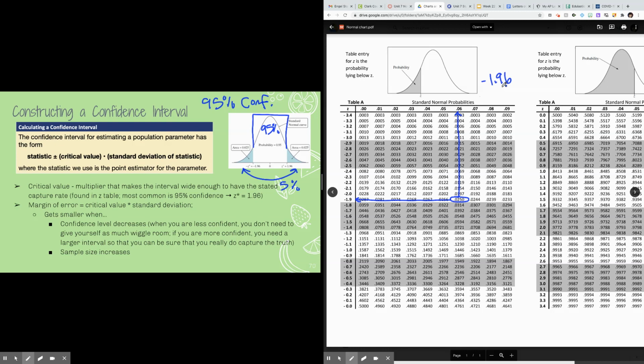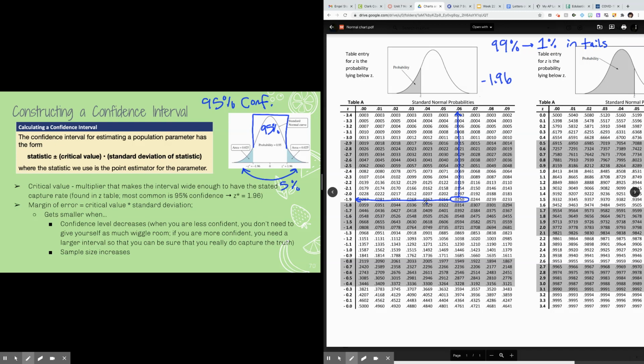So I'm hoping from here that you can kind of see what I mean, that when you have a higher confidence level, you end up with a wider interval, right? So for example, let's say I wanted to be 99% confident. Okay, then that means I have 1% left in the tails.